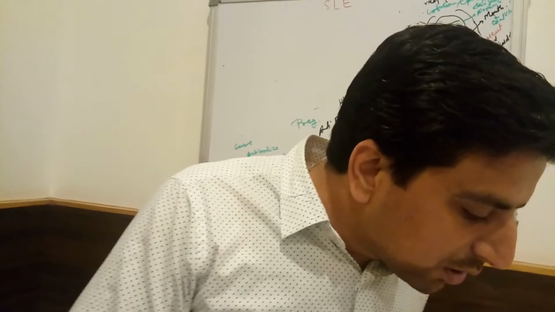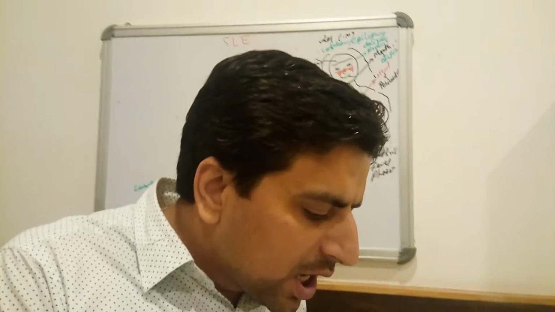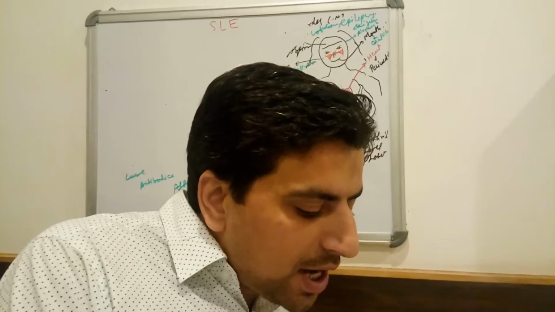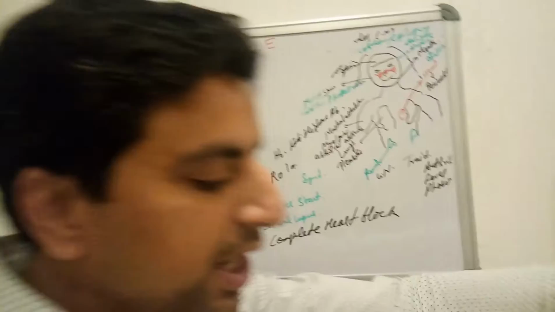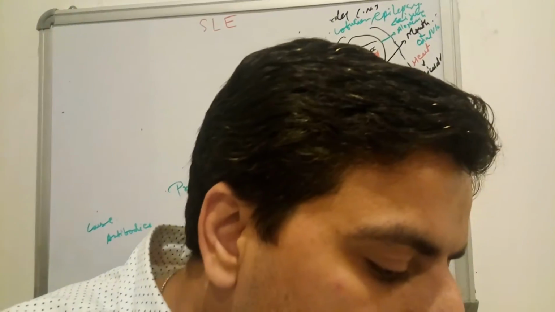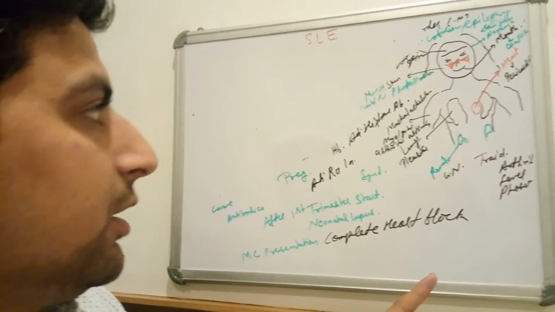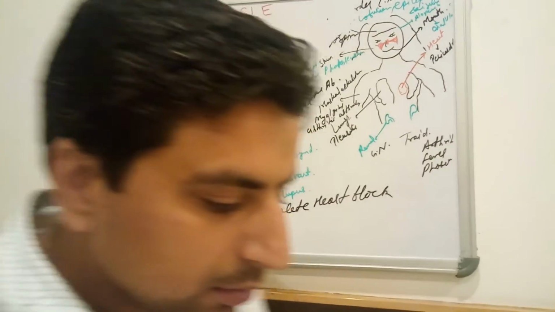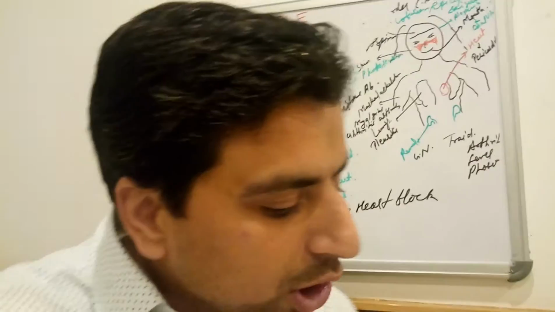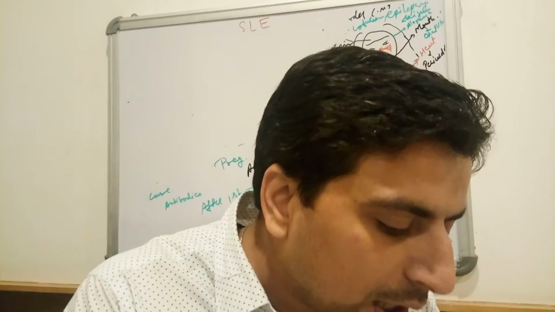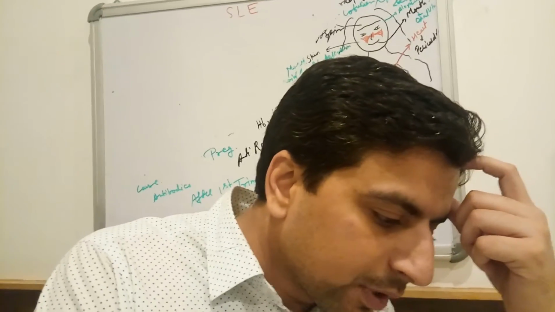Then the next question. A 30-year-old lady presents with malar rash, photosensitivity, positive anti-nuclear antibodies. A lady, I already explained, 9:1 is the ratio. A lady with photosensitivity, anti-nuclear antibodies, malar rash, butterfly rash, 24-hour proteinuria of 4 grams, and pedal edema also.